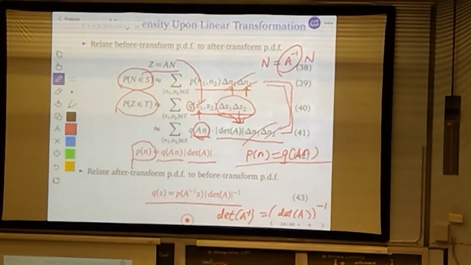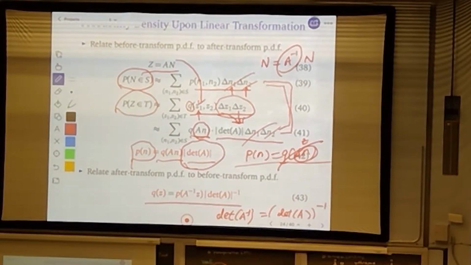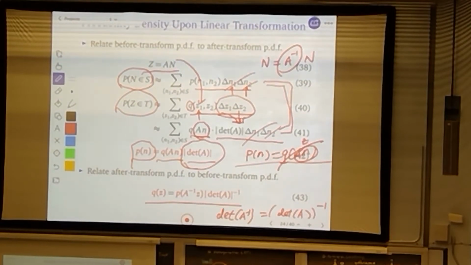You just replace the Z, you just make it AN. Here you need to be careful. Today is this problem, another day is a different problem. This is to show you that when you do the change of variable, you need to be careful. It has to be consistent with the quantity when you express the integrand as well as the differential variables.